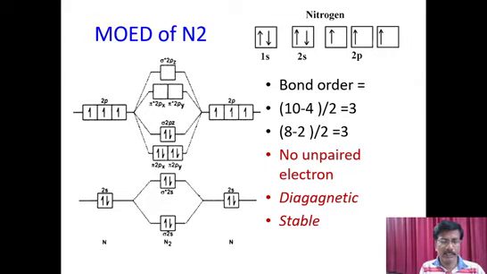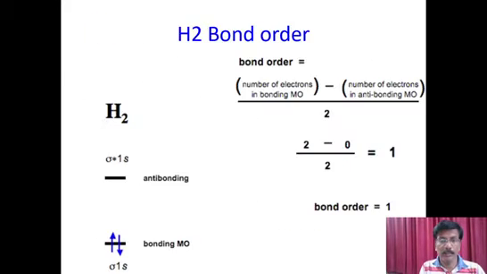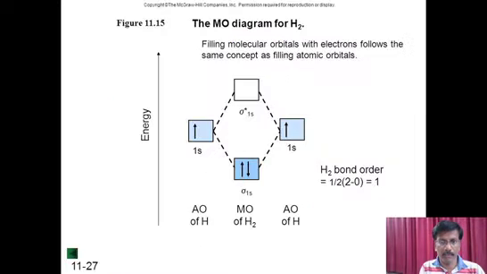And we explained that hydrogen molecule is having bond order 1 and how a molecule is formed. That is, how the two atomic orbitals of hydrogen combine to give antibonding and bonding orbitals, and how to calculate bond order, and also whether it is paramagnetic or diamagnetic, how to decide that.